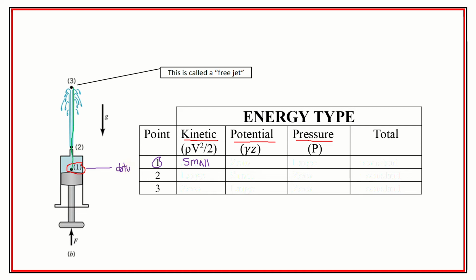We can choose the datum where we want, but that's a good spot, the lowest spot in there, so we could say it's 0 right there. And with the pressure, the pressure is going to be the largest right here. And if you were to add up these things, you'd end up with a constant.